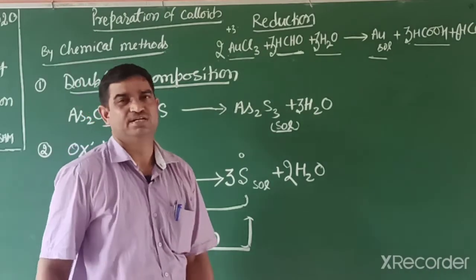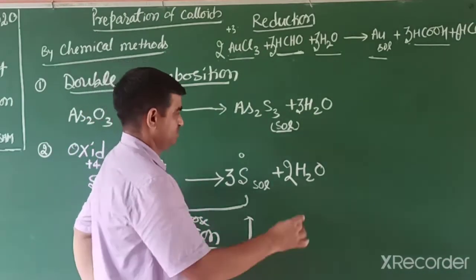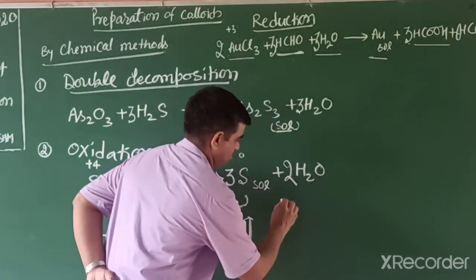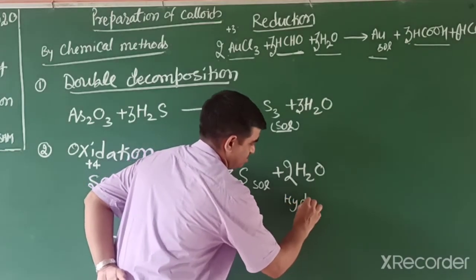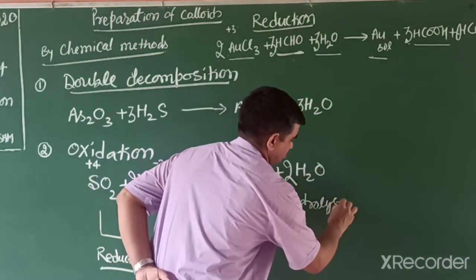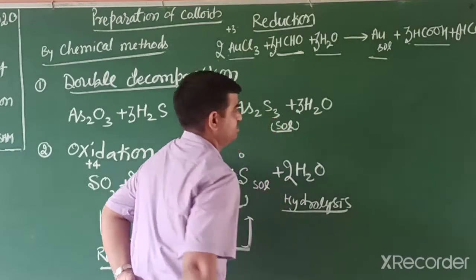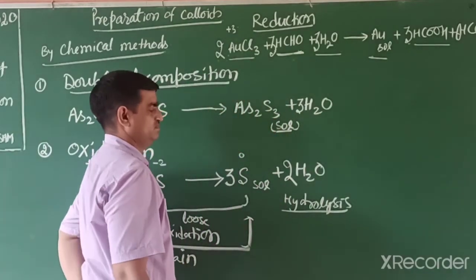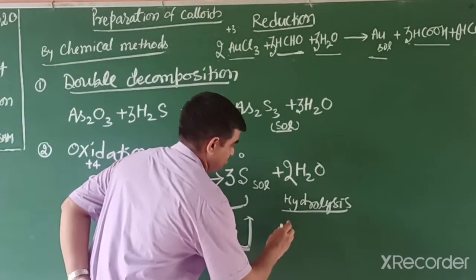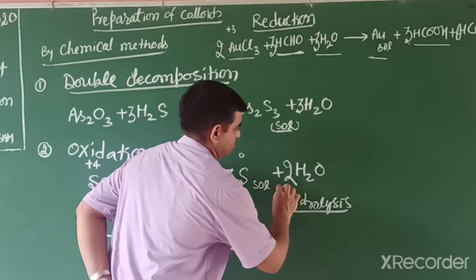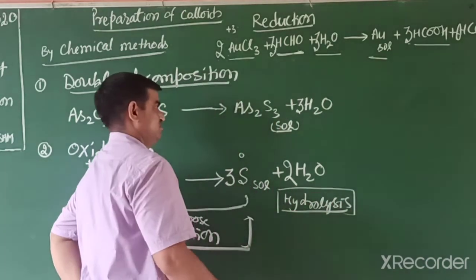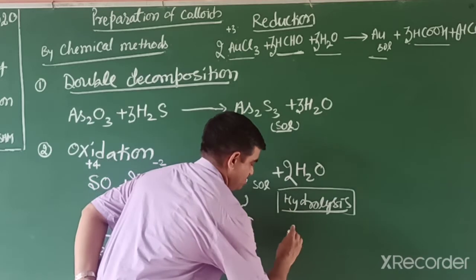The last method is known as hydrolysis. Now we write here hydrolysis. So students, in this hydrolysis, how can we explain a reaction? This is the fourth method, ferric chloride.